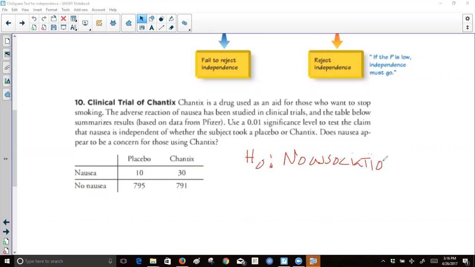This is a test for independence. So H0: there's no association, and for H1 or HA there is an association. There is something going on, whether or not somebody's suffering nausea depending on whether or not they're taking the treatment. So there is an association here.